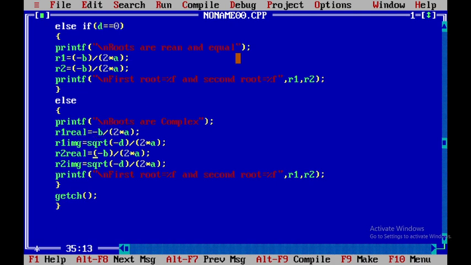So now we want to define here the first root as percent f plus percent I times percent f, and the second root is percent f minus I times percent f.